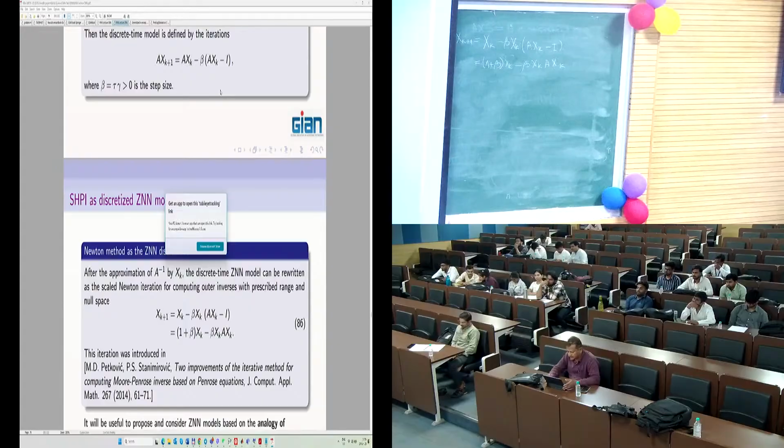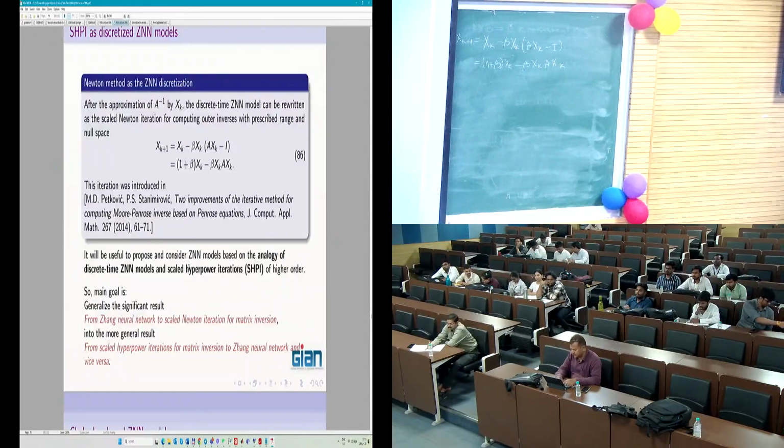The most popular high order iterative method is the scaled hyperpower iterative process, SHPI.